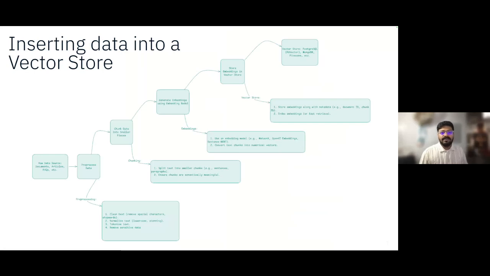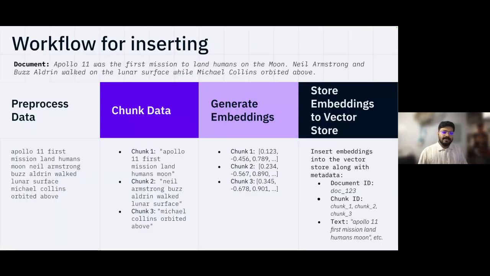So we store these embeddings in a vector store. As I said earlier, it can be Milvus, Postgres, MongoDB, whatever it is. We store these embeddings with the original text in the database. So this is the normal workflow of how the insertion happens.